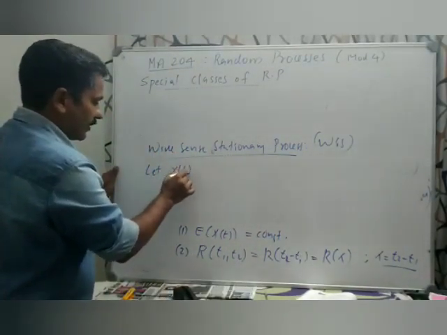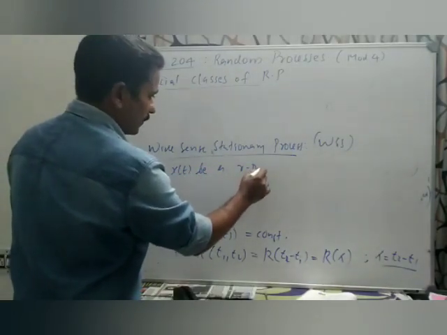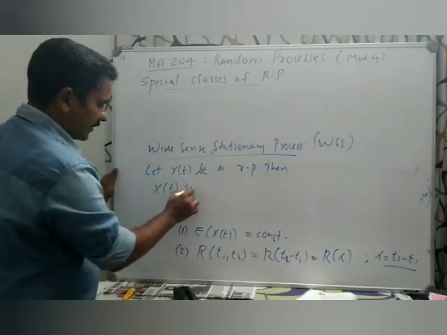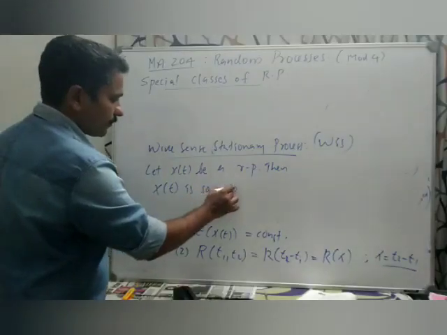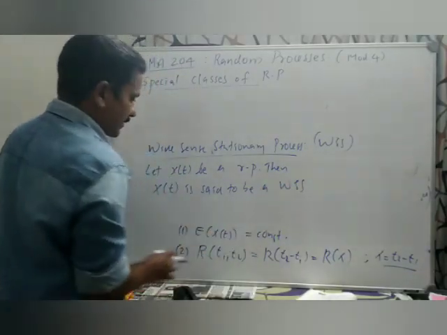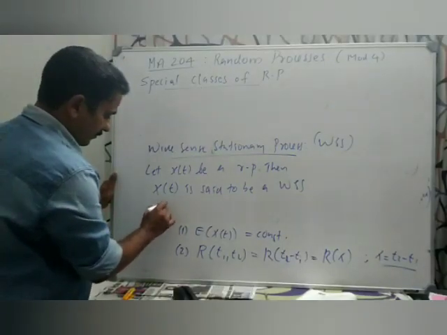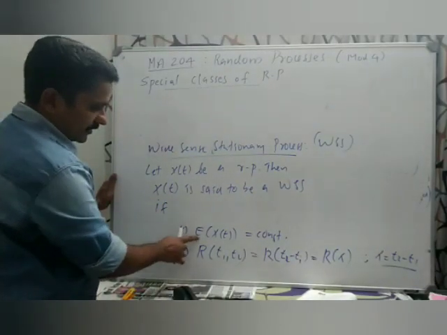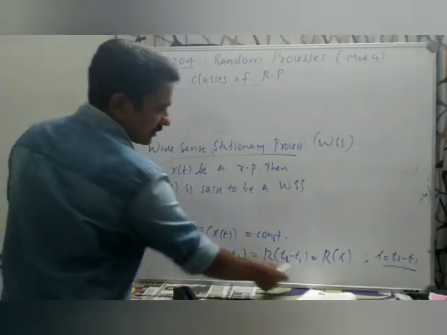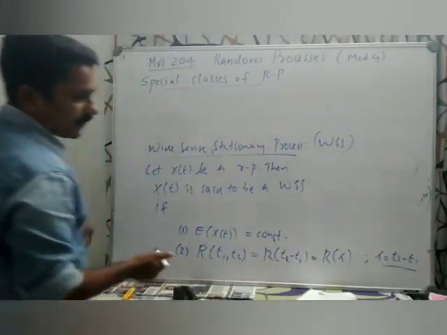So let x of t be a random process, then x of t is said to be a wide sense stationary process if it satisfies: expectation of x of t is equal to a constant, and the autocorrelation function is a function of the difference of those two time epochs, t2 minus t1, or R of tau.